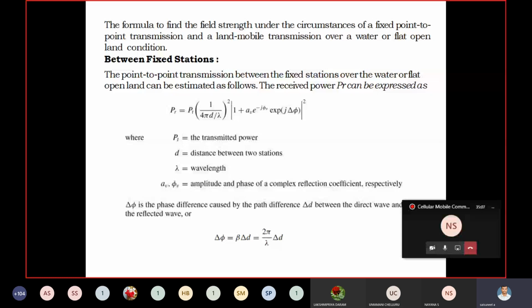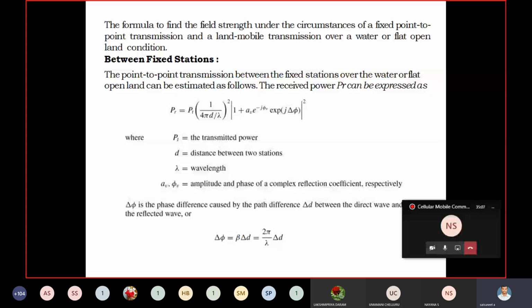What is AV? Yesterday we discussed only AV, that is the reflection coefficient. Here I assume AV is the amplitude reflection coefficient and phi v is the phase reflection coefficient. Yesterday we used only the term AV, but today we have to consider phi v, the phase reflection coefficient, also.